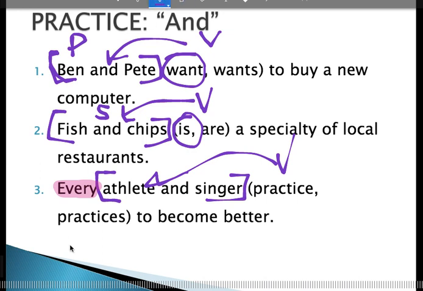So really what they're saying is every single athlete and every single singer needs to practice or practices to become better. So that means that this is singular because we're talking about every single athlete and every single singer. So we need the verb that has the S because that is the singular verb, practices. So every athlete and singer practices to become better.